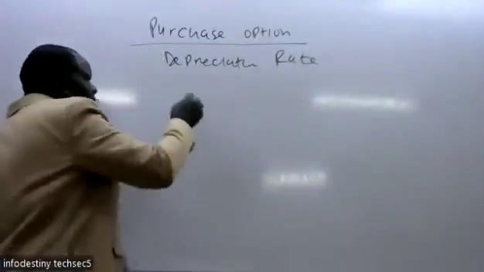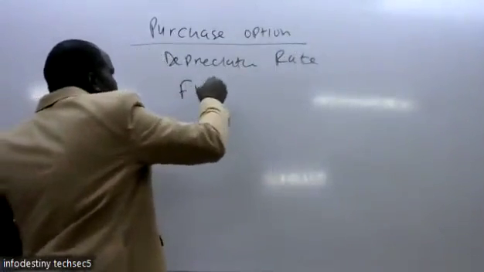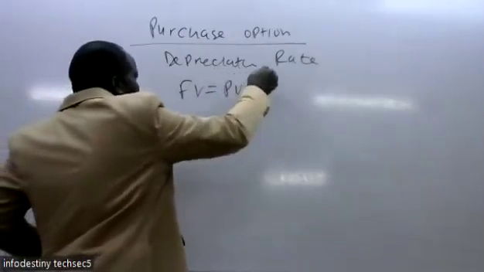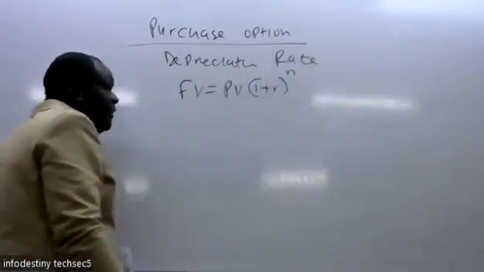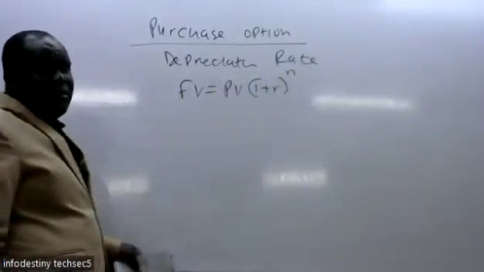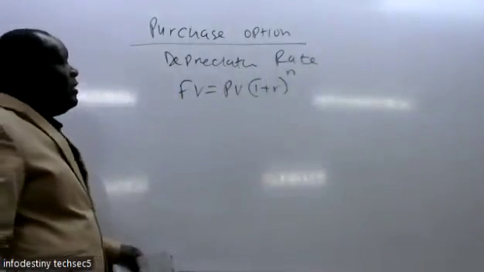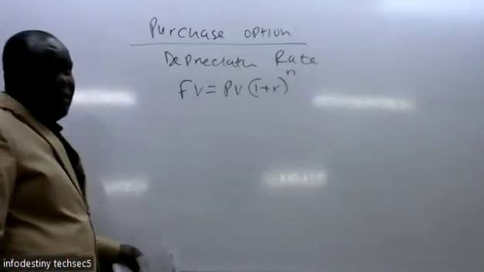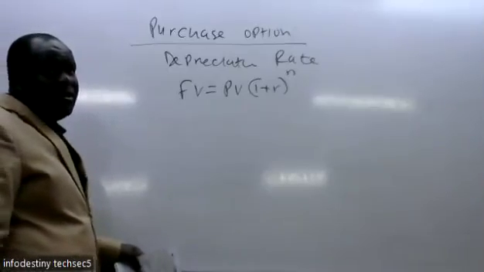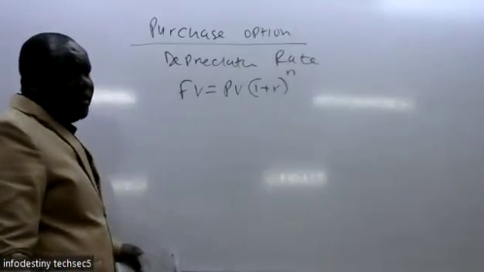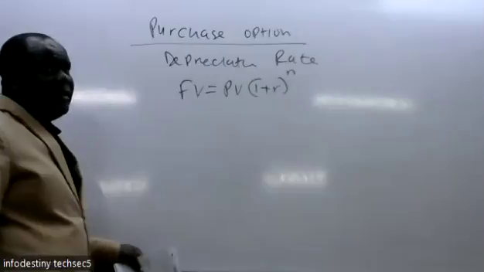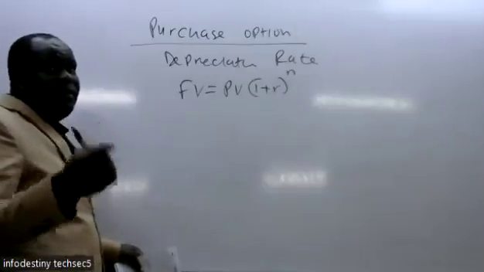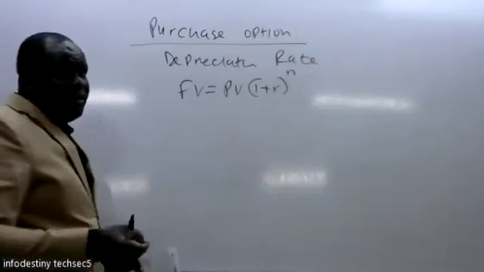So remember, future value is given by the present value times 1 plus r raised to the power of n, if you recall. So we are looking for r. r is the depreciation rate. We make it the subject. That formula, when you make r the subject, is the same as the compounding method of calculating g.